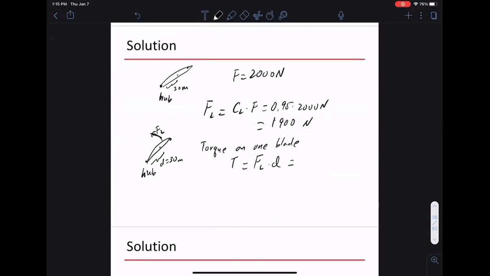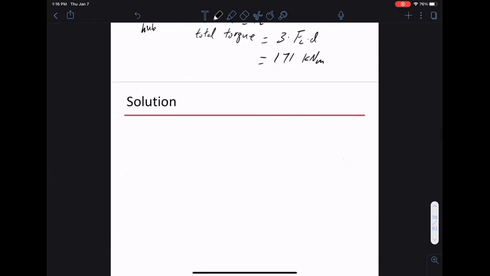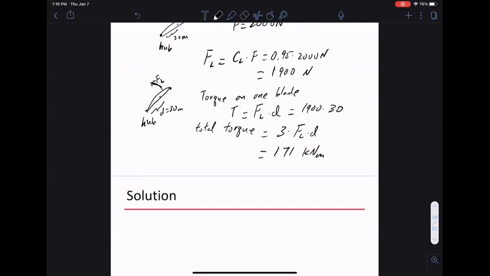So this is 900 times 30. Then the total torque is 3 times the torque on each of the blades. So here we get 171 kilonewton meters. This is the total torque we have on the blade.